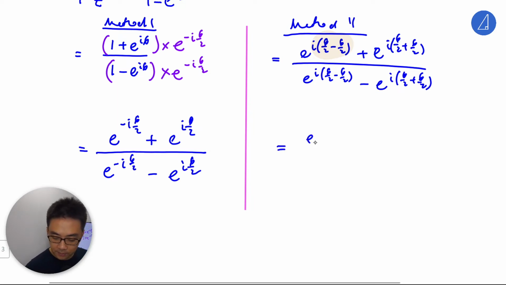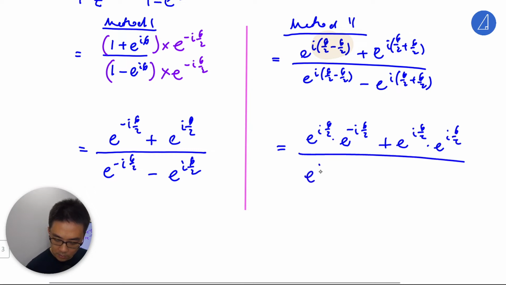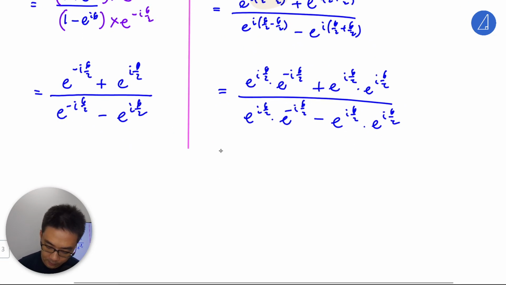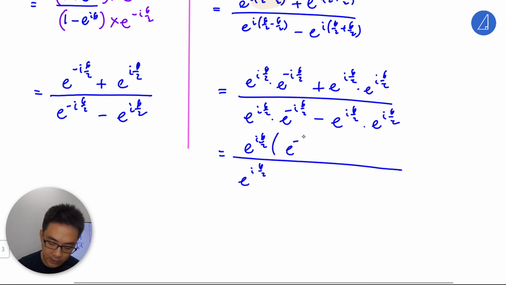factorize it out. This part here. If you can skip steps, by all means. For method 2, you can actually skip steps also.